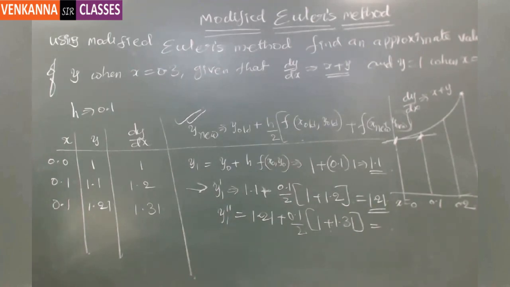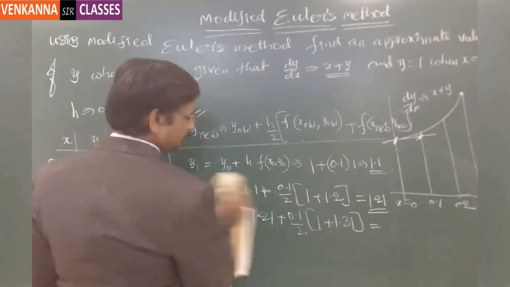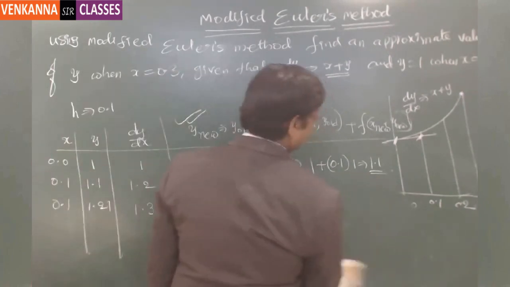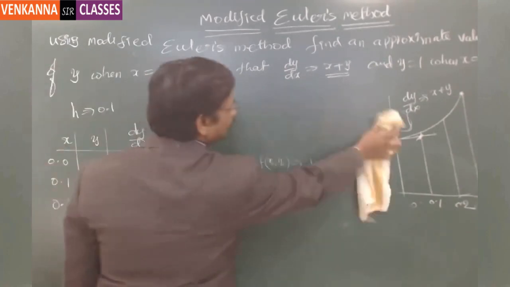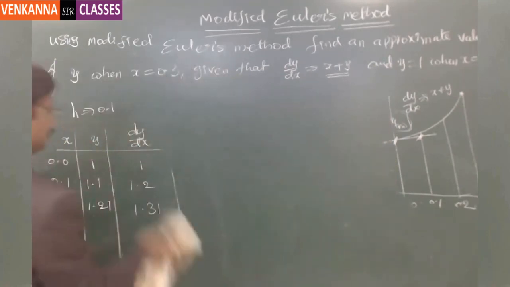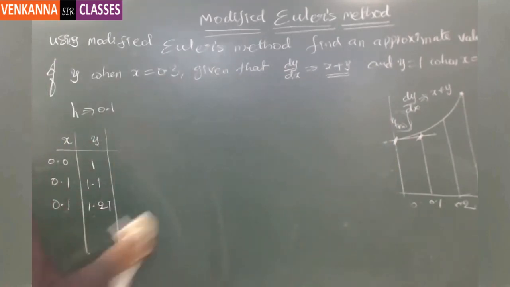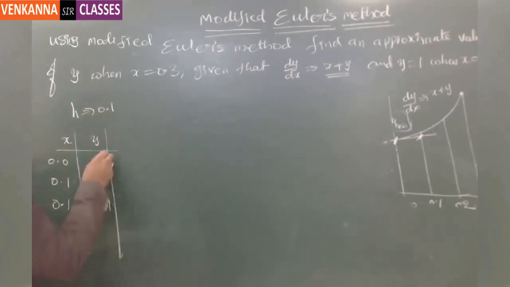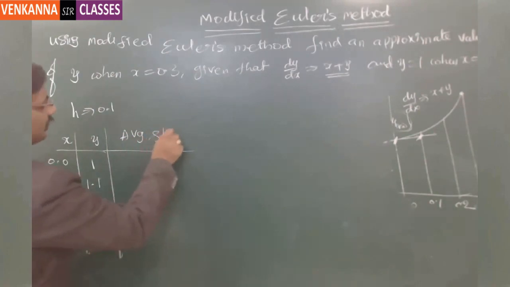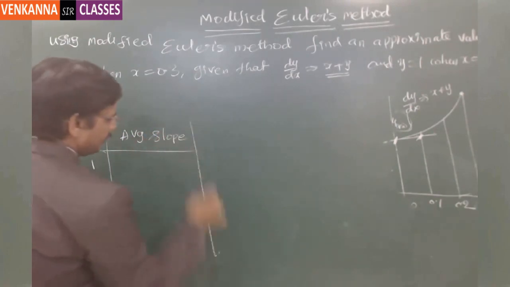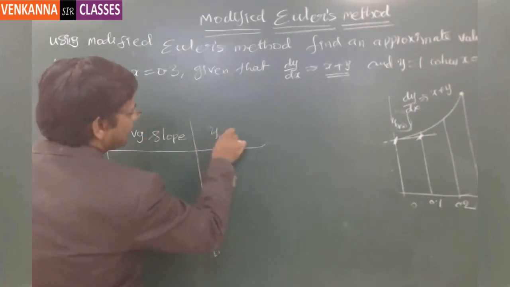Oh, sorry, I think there is a mistake here. Rather than this, we will calculate the average slope here itself so that our formula will be better. You can consider the average slope here, and then calculate y new.